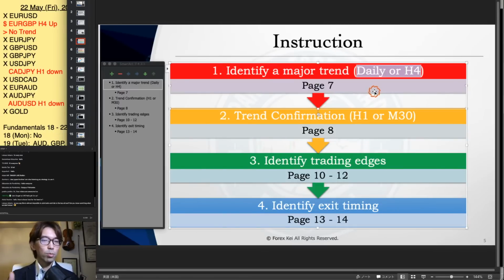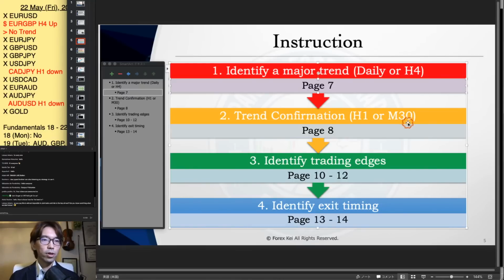If you're more towards a swing trader, you can take the monthly or weekly chart, right, to capture the big trend, and take the daily chart and 4-hour chart to confirm the trend and execute trades on smaller time frames. That's okay too.